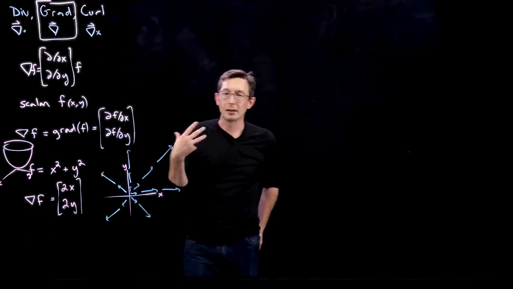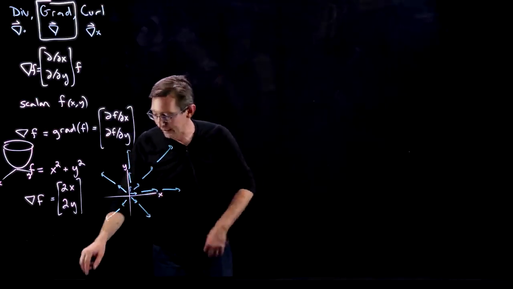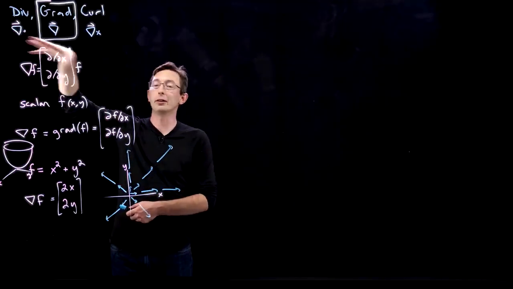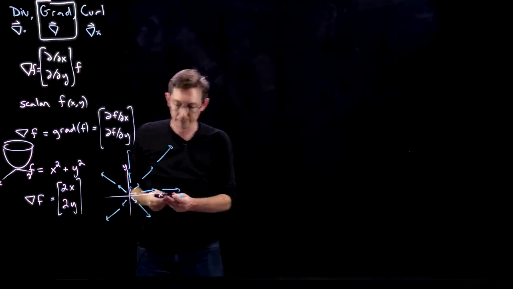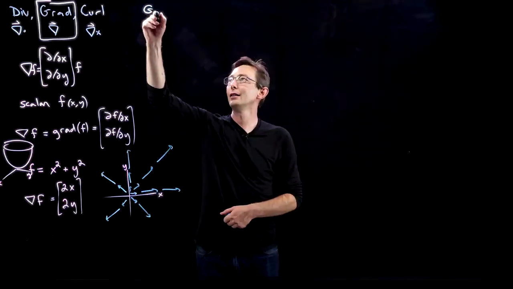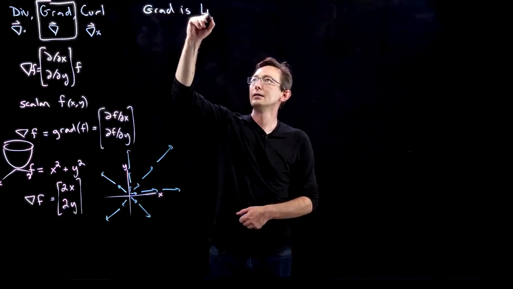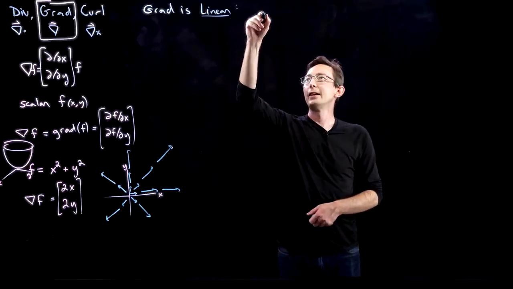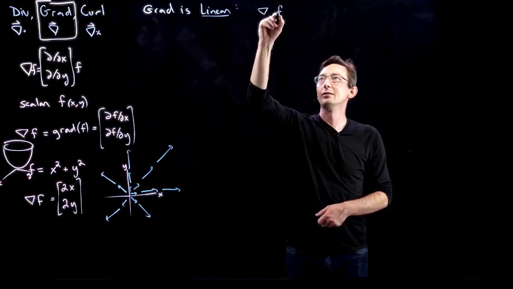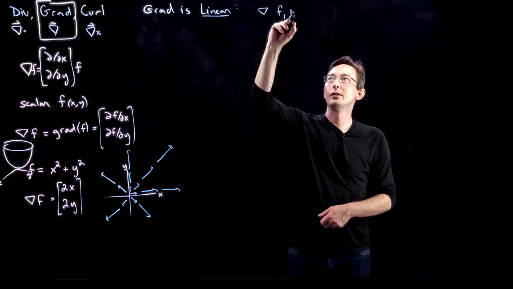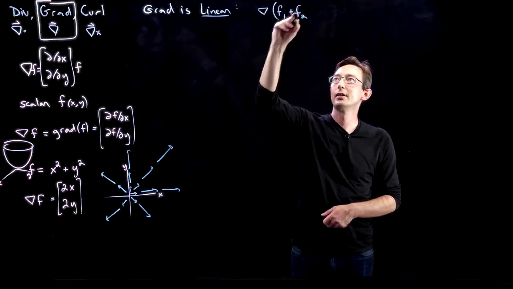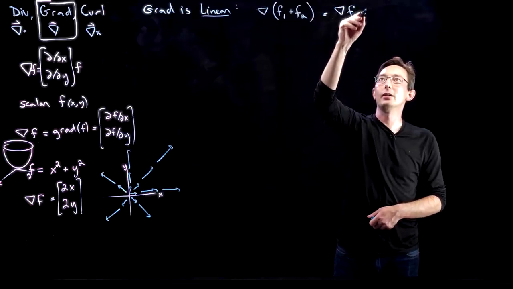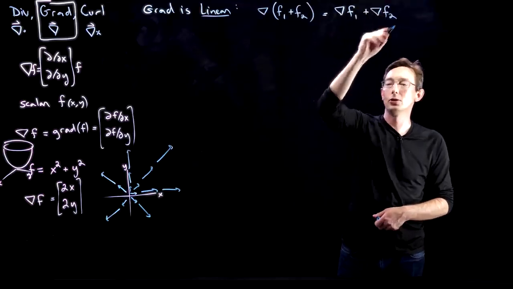A couple of interesting properties here. The gradient is a linear operator. In fact, this nabla operator, this del operator in general, is a linear operator. So grad is linear, which specifically means that if I take the gradient of some function f1 plus another function f2, it equals the gradient of f1 plus the gradient of f2.